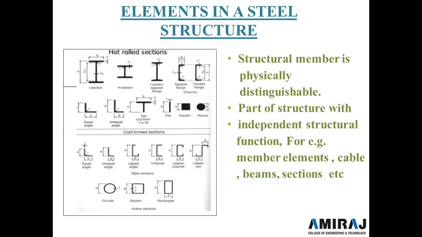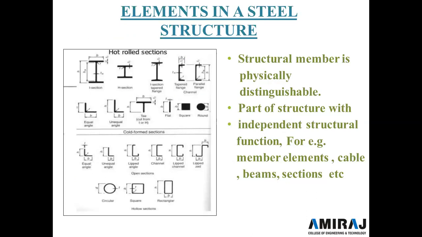Next is elements in a steel structure. There are a number of steel members here. First, it is based on the shape, right? There is an I section which has flange and web, and next is H section.